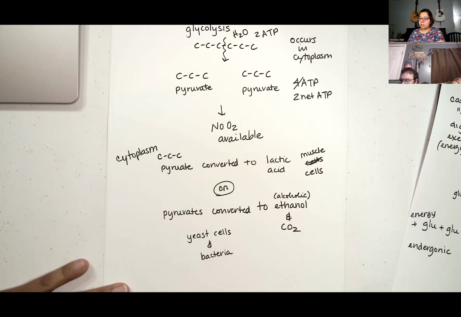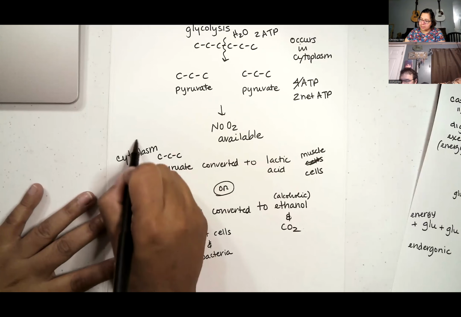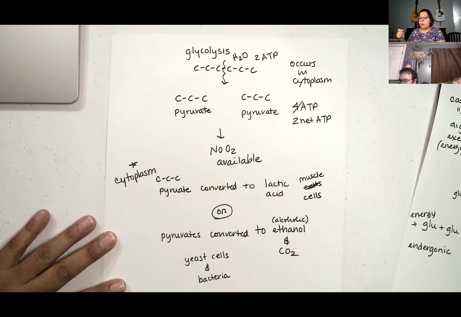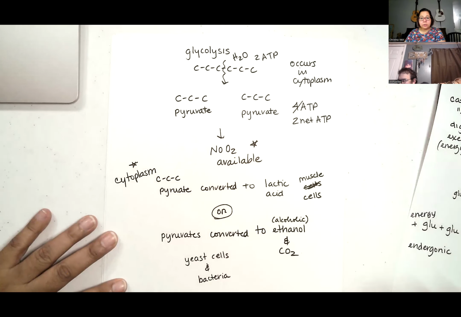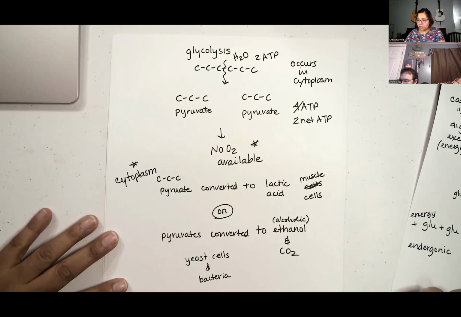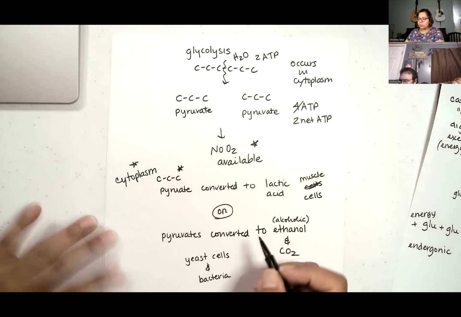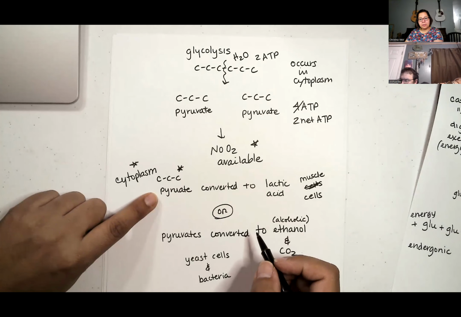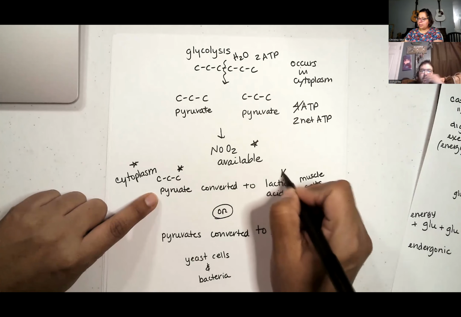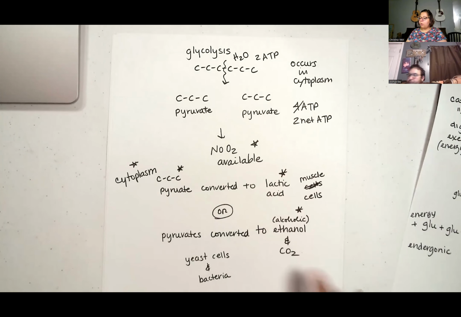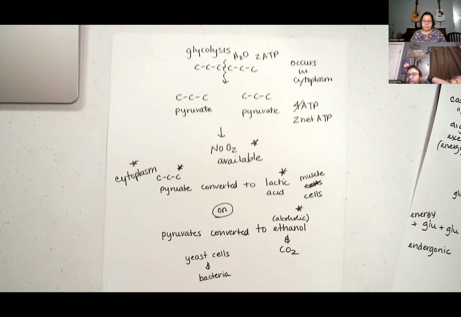So the take-home message about fermentation is, where does it occur? In the cytoplasm. What conditions are required? No available oxygen. What do you use to start fermentation? Well, you need a little pyruvate. What can you make? Either lactic acid if you're an animal cell, or ethanol and carbon dioxide if you're yeast or bacteria.